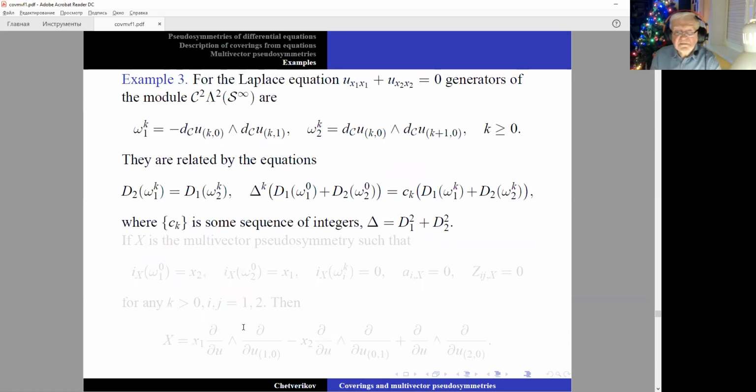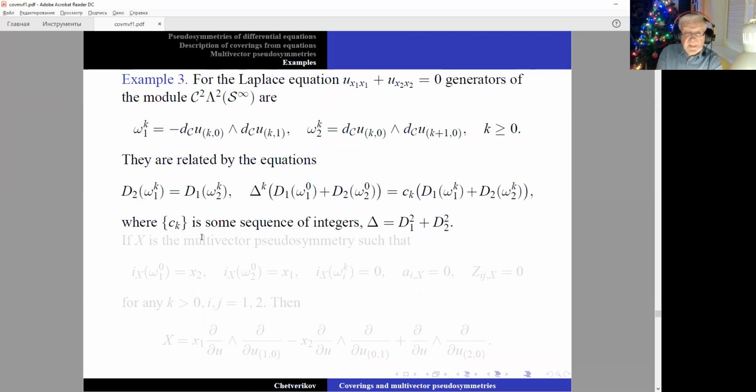Examples. For the Laplace equation, the generators of this module are two series. They are related by the equations of this form.